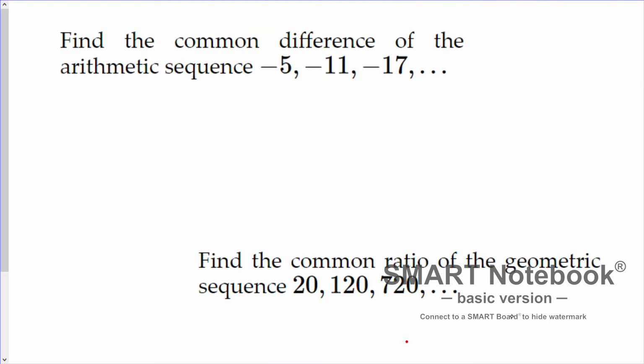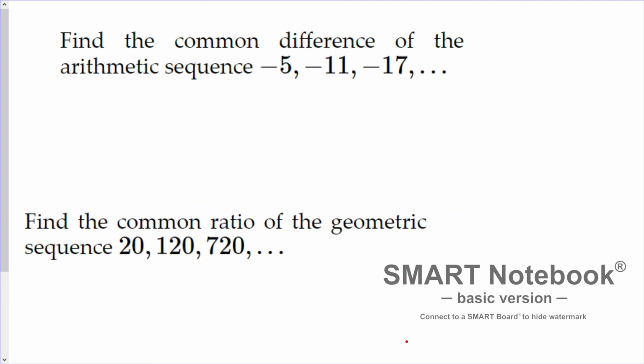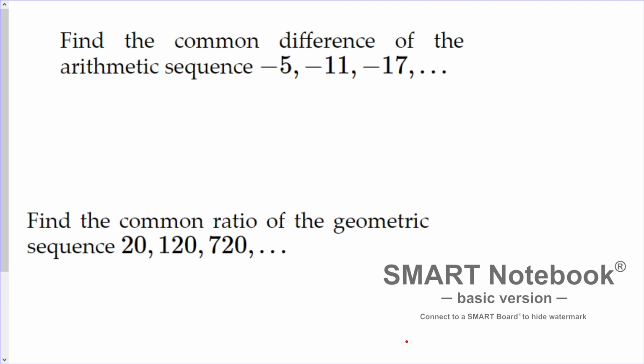So let's see. Let's practice real quick with these two examples. So first one is find the common difference of the arithmetic sequence. So we already have a clue because it says common difference in arithmetic. So we know we're looking for D. So D is AN minus AN minus 1.